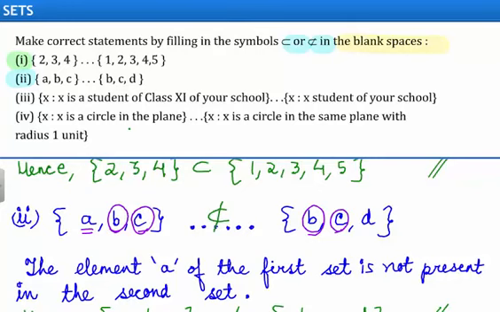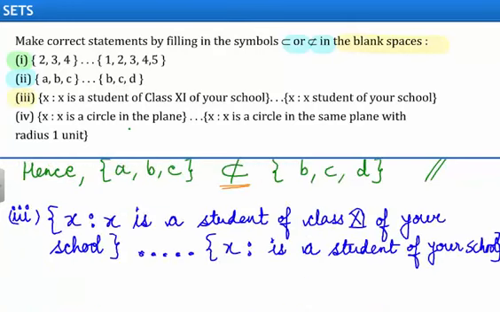Let us now consider the third part of the question. In the third part, the first set given to us is X such that X is a student of class 11 of your school. And in the second set, it is given that X is such that X is a student of your school. Now, all the students of class 11 are the elements of the first set, and all the students of the school are the elements of the second set.